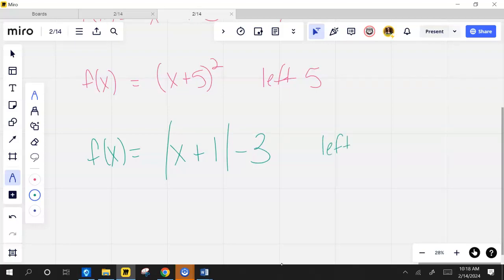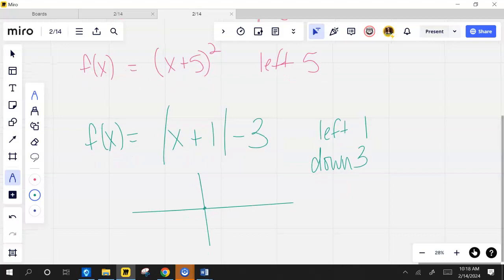It goes left 1 and down 3. You see why that's the vertex now? My parent starts here, but every point needs to go left 1, down 3.